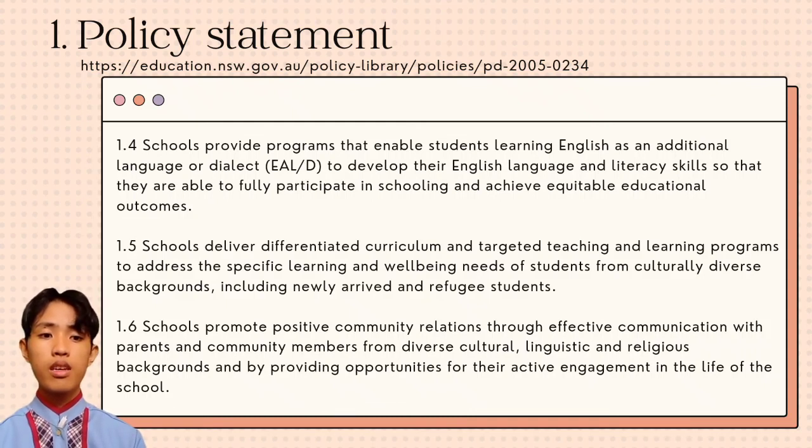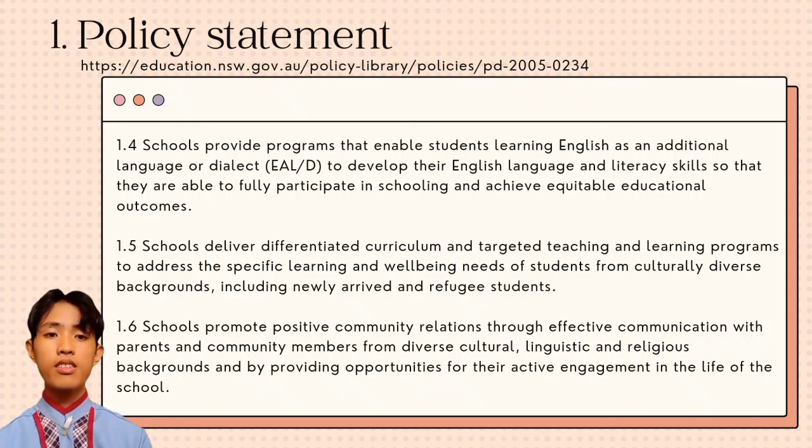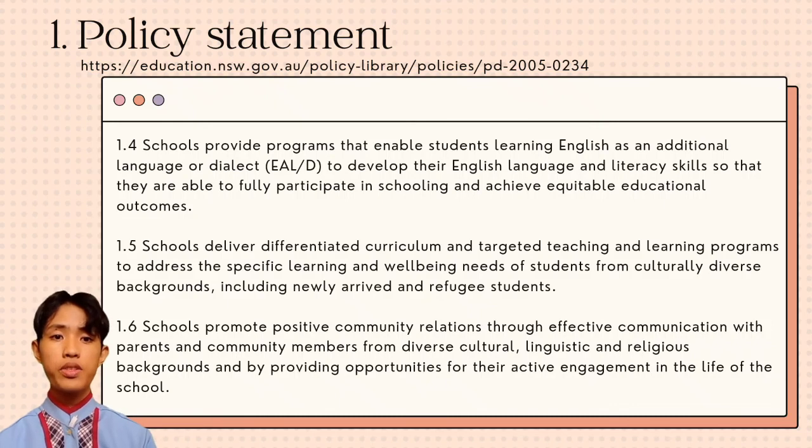Number six, schools promote positive community relations through effective communication with parents and community members from diverse cultural, linguistic, and religious backgrounds, and by providing opportunities for their active engagement in the life of the school. Again, that is an example of a policy addressing multiculturalism in school, and that is from New South Wales, Australia.